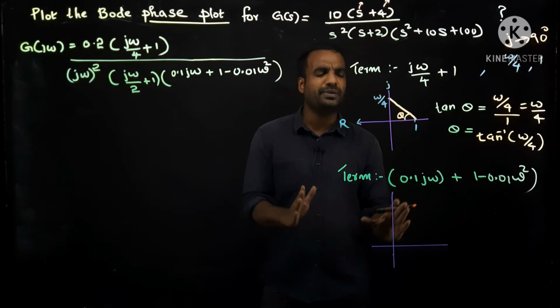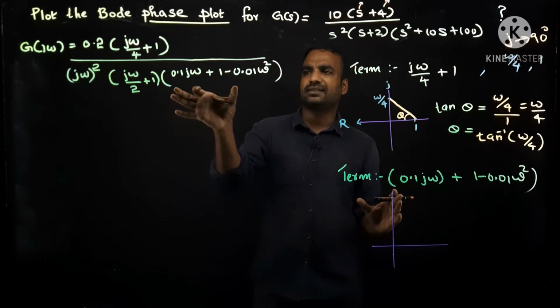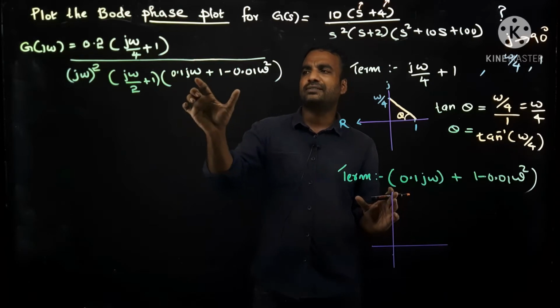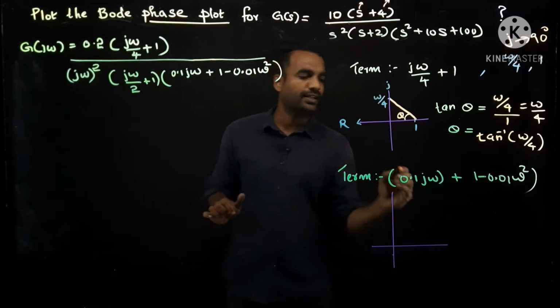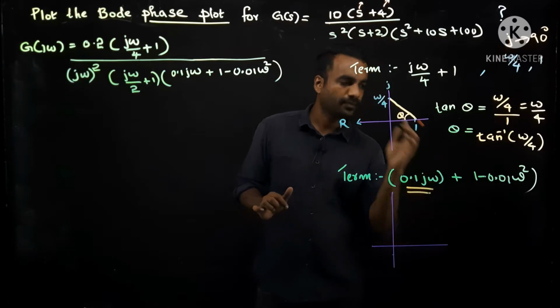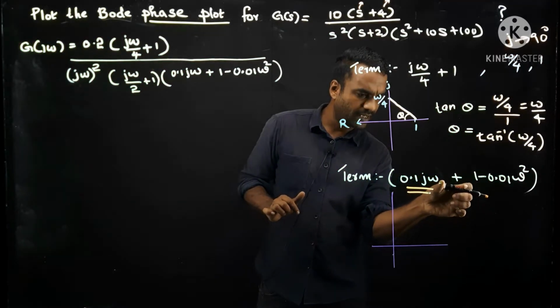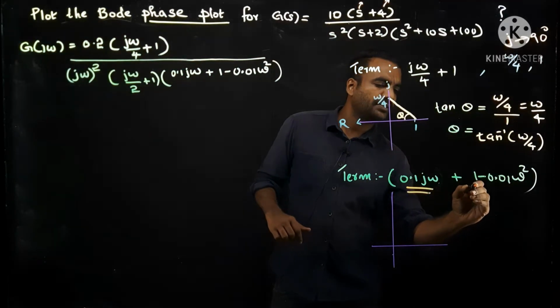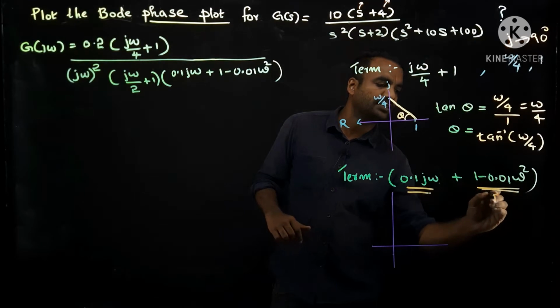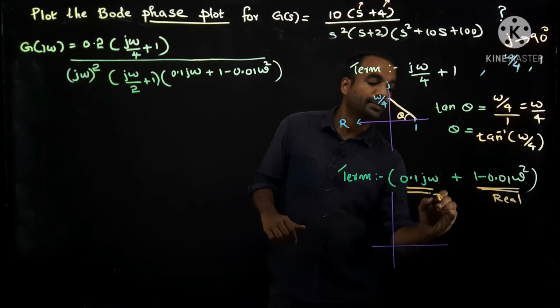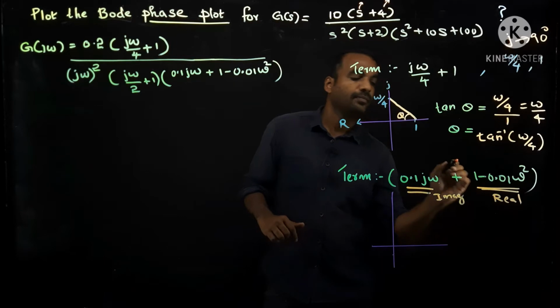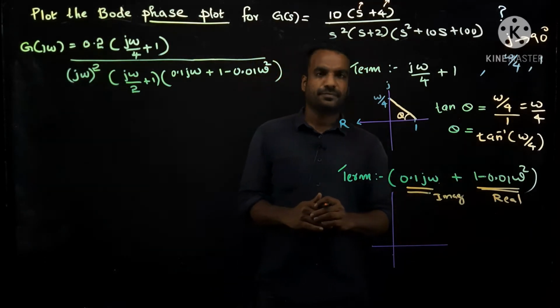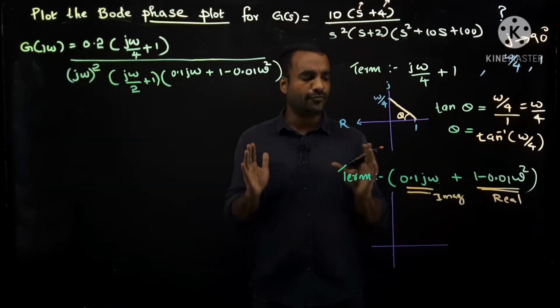So what about this term? This term is also similar. I am rearranging this term. Now we can say only one term is having a j term. This term is not having any j term. So this is real and this is imaginary. That is the thing you should be very careful about.